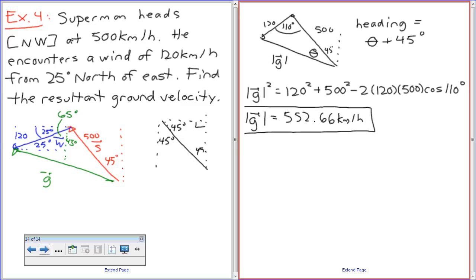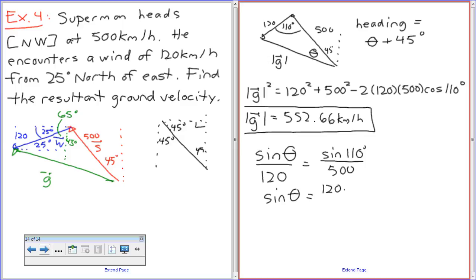Sine law, thank you. So I'm going to say sine theta over 120 equals sine of 110 over 500. Anyone get that, please?